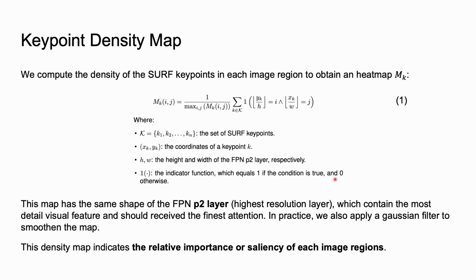This is because this layer contains the most detailed visual features and should receive the finest attention. And in practice, we also apply a Gaussian filter to smooth out the map and let the attention area be broader. And this density map will indicate the relative importance or saliency of each image region.